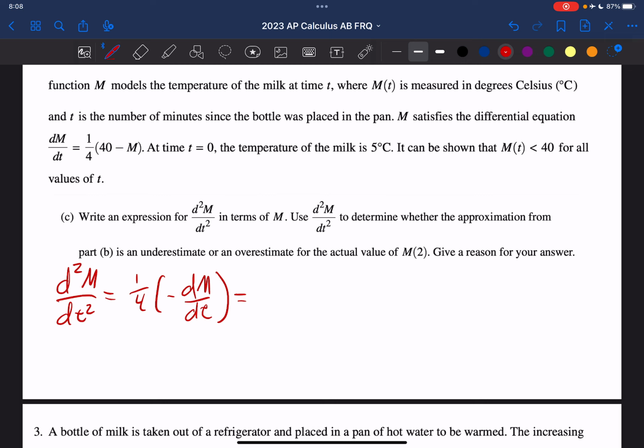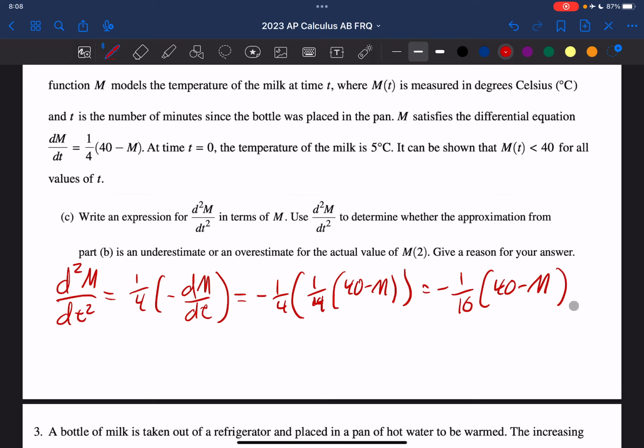So we're going to have to make that replacement. I'm going to bring the negative out front. So we have 1/4 times 40 minus m. Negative 1 over 16 times 40 minus m.